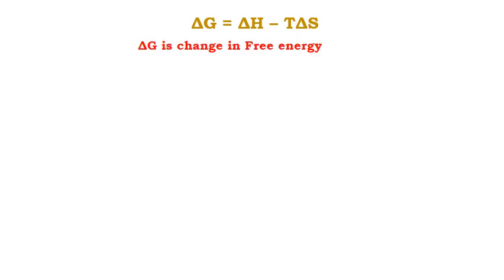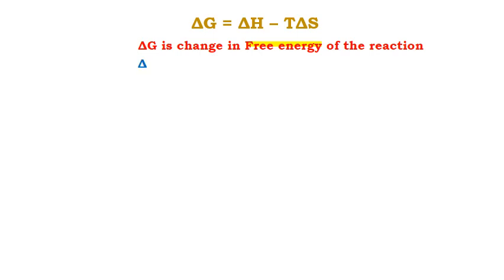Right, now let us see the Gibbs-Helmholtz equation in detail. We know the Gibbs-Helmholtz equation is delta G, which is equal to delta H minus T into delta S. Right, now what is delta G? Delta G is the change in the free energy of the reaction. Free energy is nothing but the minimum energy required to carry out a reaction.